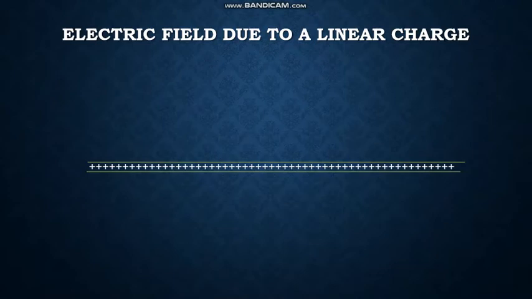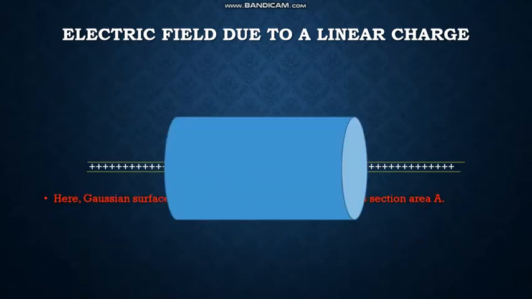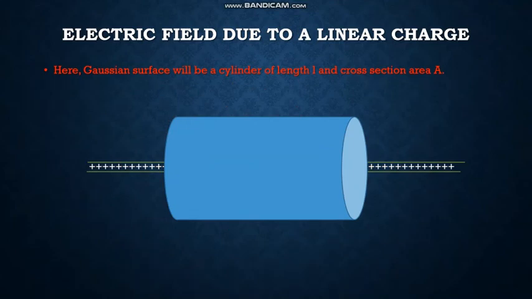We have to find the electric field due to this uniformly charged wire using Gauss's law. For this, we have to draw a Gaussian surface. Here, the Gaussian surface will be a cylinder of length L and cross section area A, whose axis lies on the uniformly charged wire. The cylinder has three surfaces.